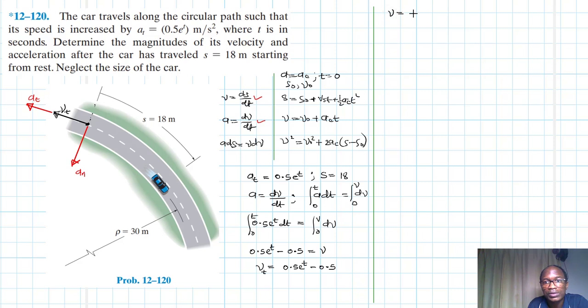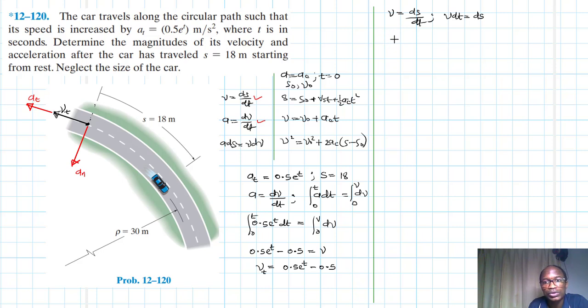So v is equal to ds/dt, and writing this, it becomes v dt equal to ds.